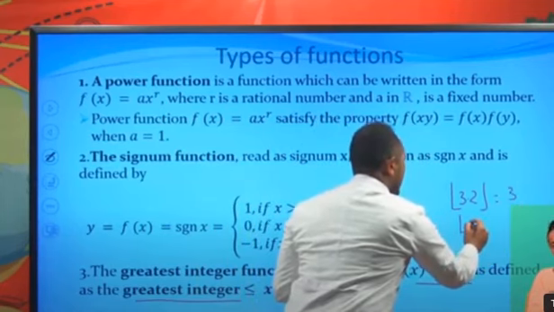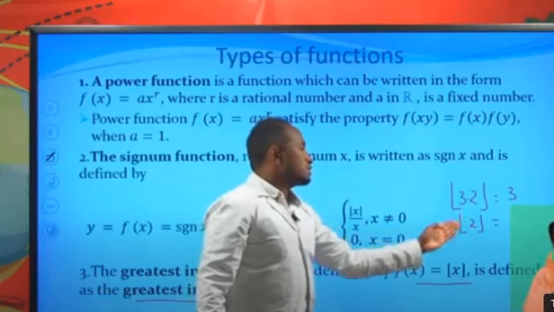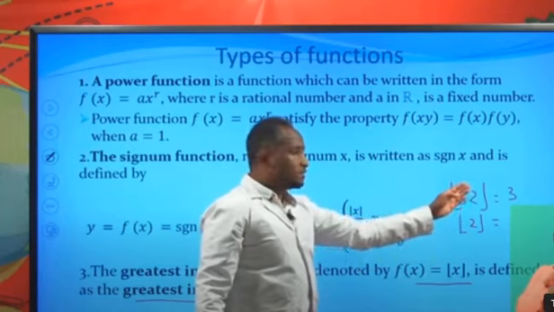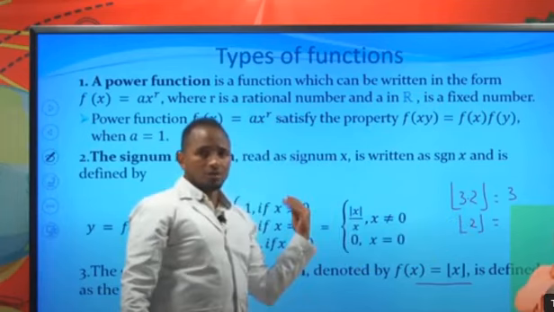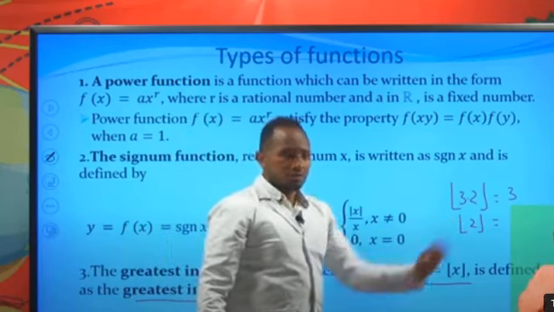And if you are asked what is the greatest integer less than or equal to 2, it is 2. According to the definition, the greatest integer less than or equal to, you can take 2 if it is an integer. If it is not an integer, you take a number less than it. Therefore, since 2 is an integer, you can take 2 itself.